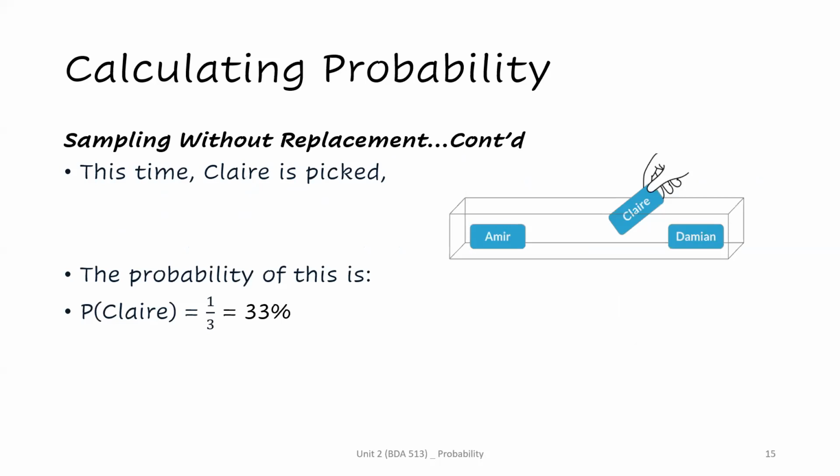This time the probability that Claire will be picked is 1/3, isn't it? Because Brian is not around. Please, are you okay with this one? Yes, sir. So this is sampling without replacement.